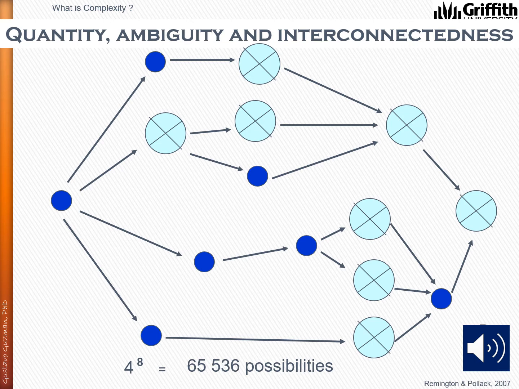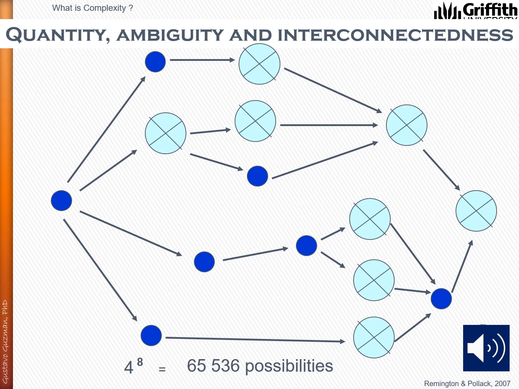All this means that the final result of this system is more than 65,000 possibilities of different outcomes. And this means that the project is very complex because there are too many possible outcomes.